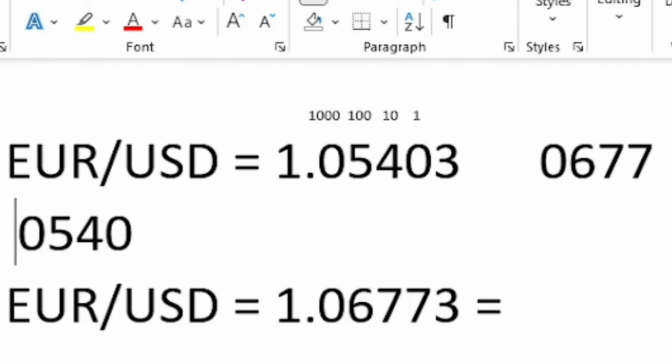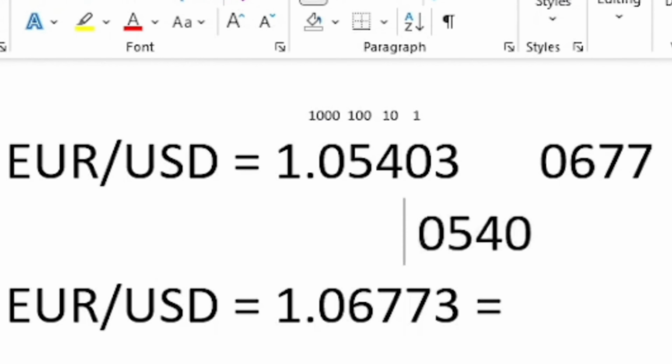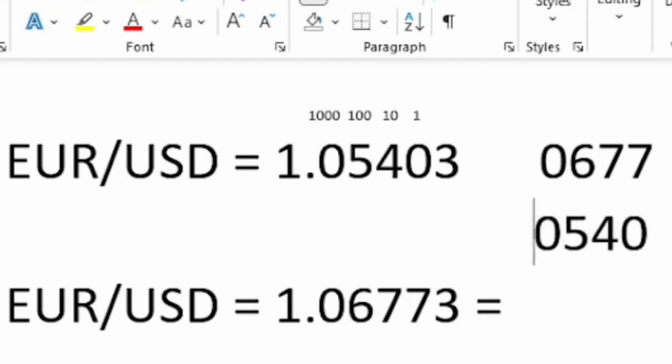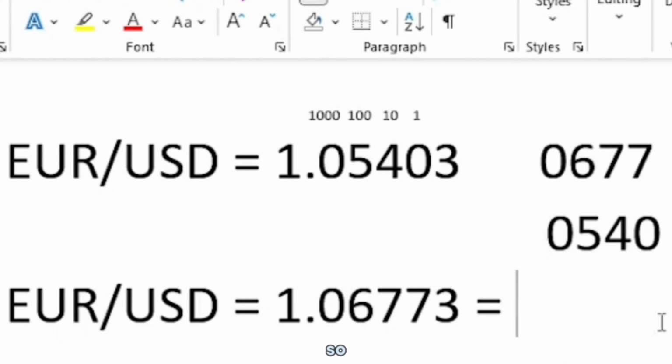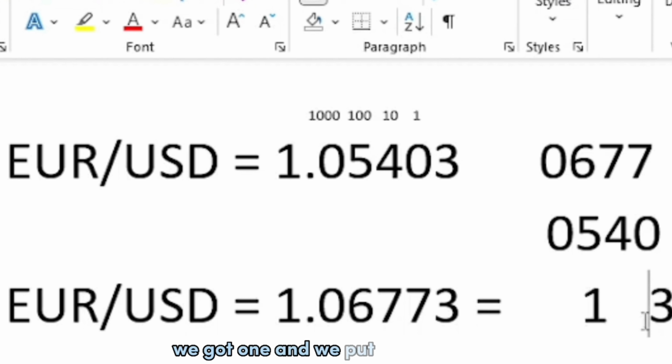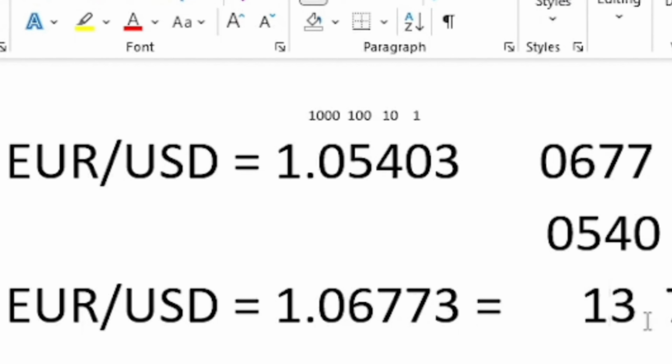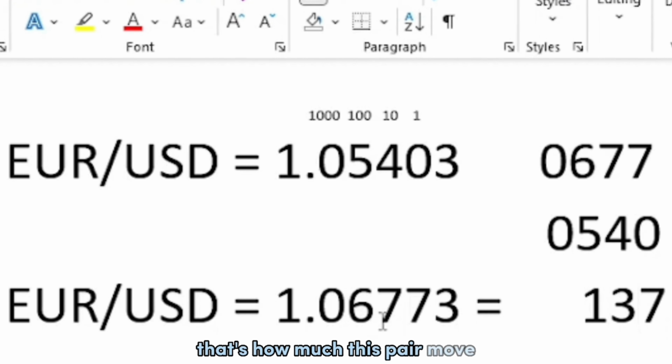Okay. So on this side we got 7, we got 3, we got 1, and if we put that together we have 137 pips. That's how much this pair moved.